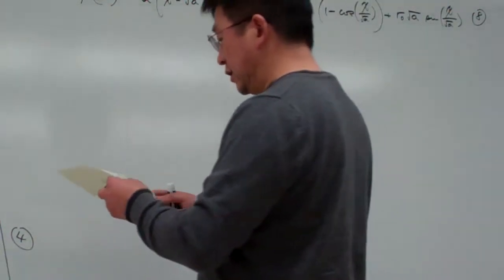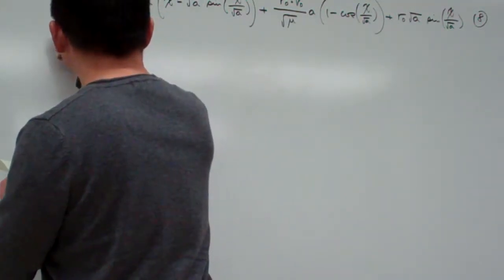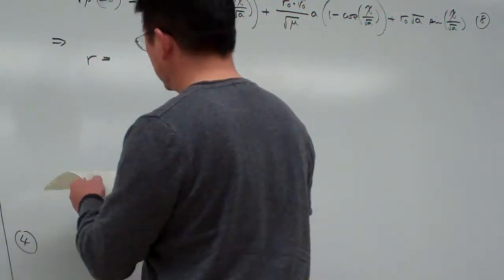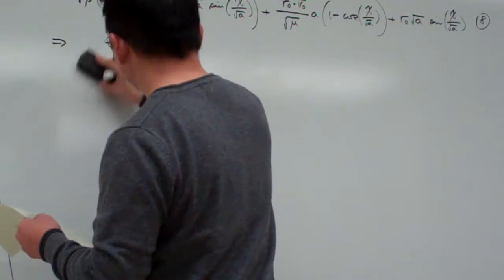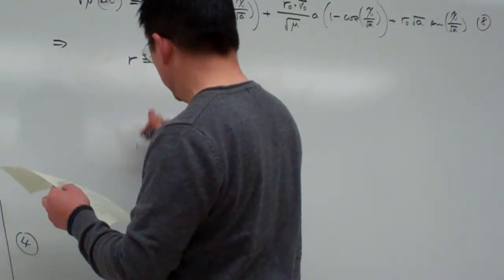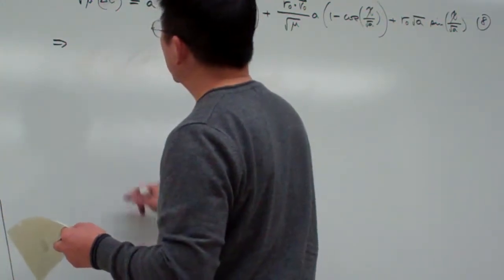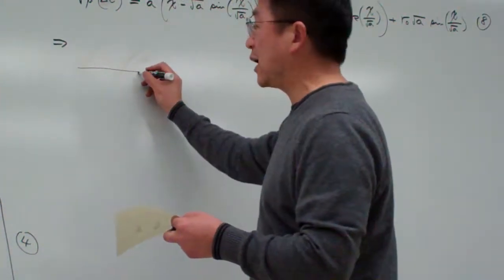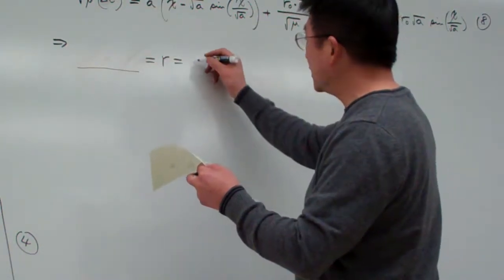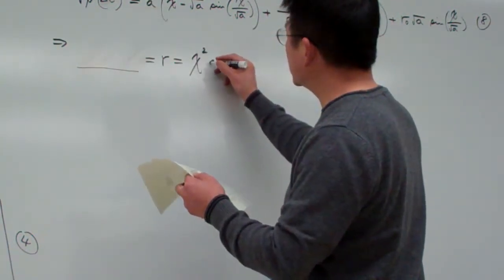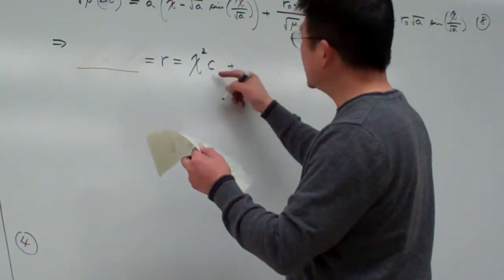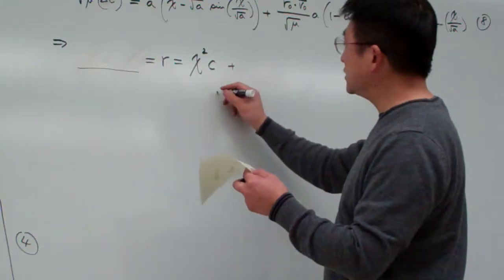So therefore, here the r, please leave a space here. I'm going to write out something later on. So r can be rewritten as cos c squared C, plus, and C here is C of z.